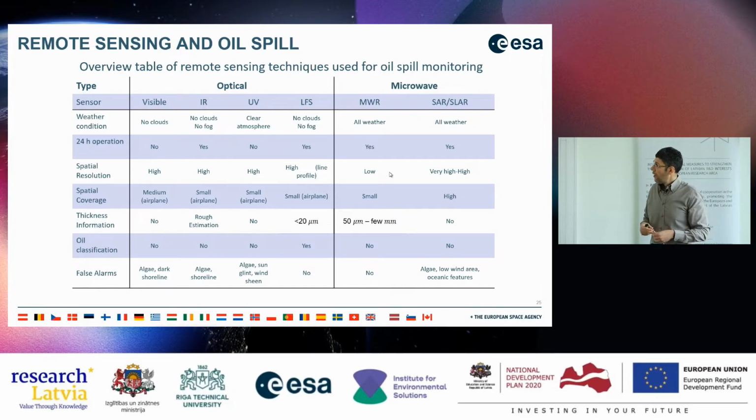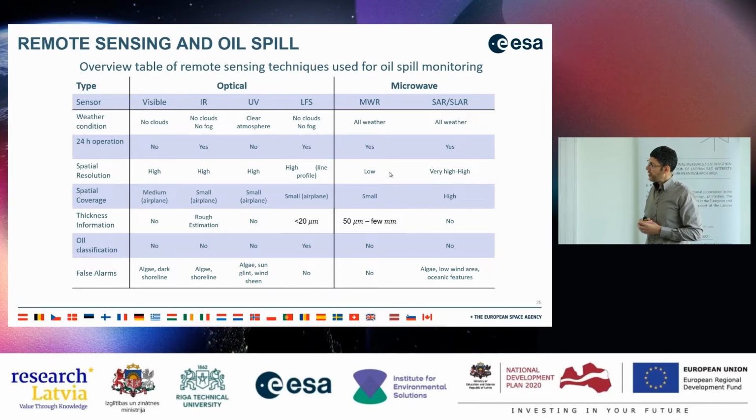Of course there are differences between these sensors, in which weather condition they can operate. You have some that can operate without clouds, like the microwave operates without clouds or with clouds. And the optical, you mostly need a clean sky, otherwise you cannot observe the scene.